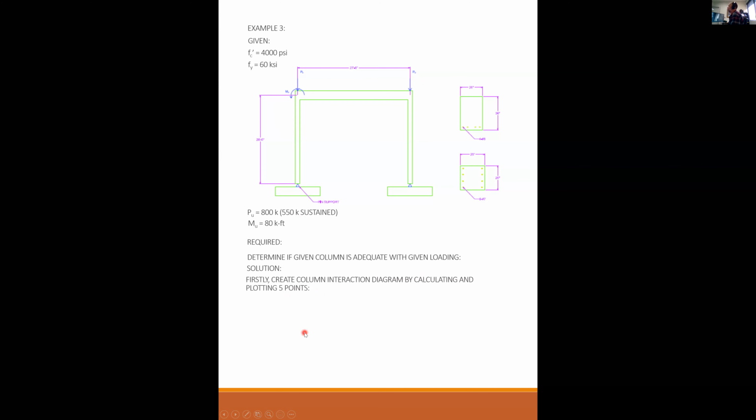Solution. Firstly, we're going to create a column interaction diagram by calculating and plotting 5 points. We're going to do another example showing how to calculate 5 points to manually come up with an interaction diagram. We're going to start with our pure compression, point A. Then zero tension at the tensile steel, our balance condition, our fully yielded condition, and our zero axial load condition.